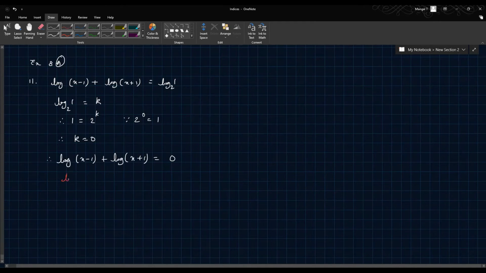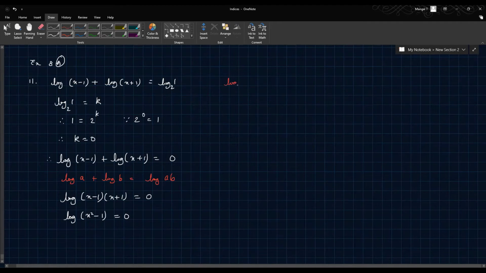Okay, so the product rule says that log of a plus log of b is log of a into b. If that rule is applied to the left hand side, I get log of x minus 1 into x plus 1 is 0. So we get log of x squared minus 1 squared is 0. Now we have seen another rule.